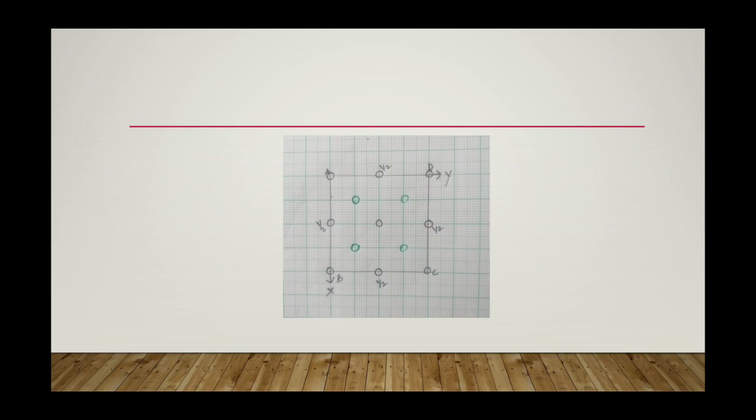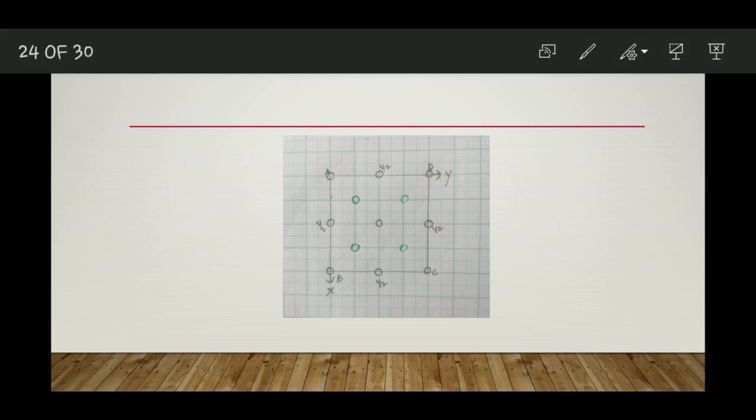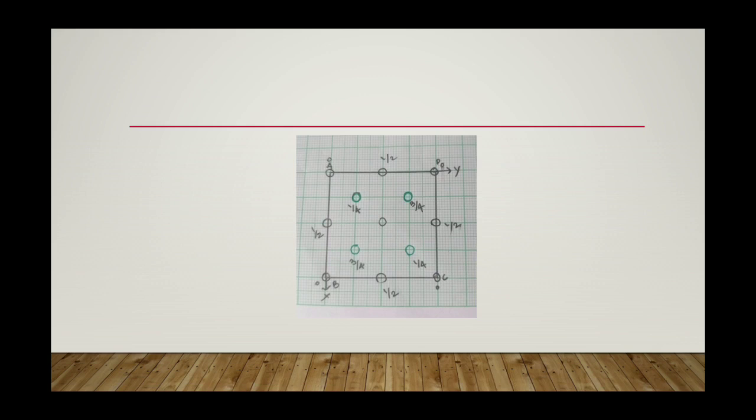And for body diagonals, first and fourth one have 1/4, and second and third have 3/4. This completes the projection.